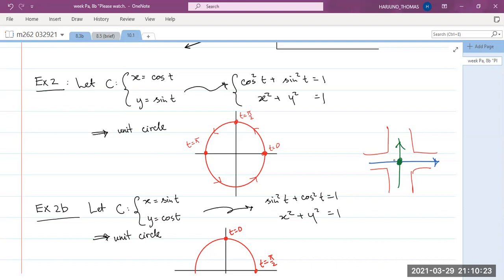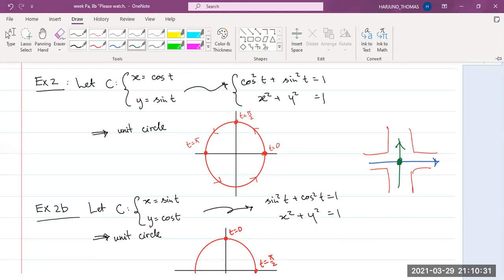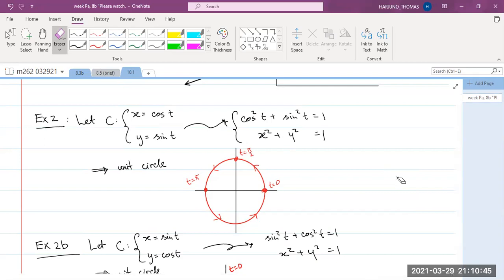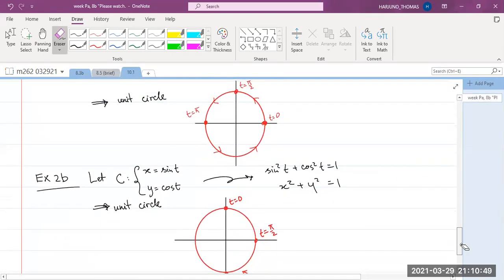Now avoid that from happening. From example 2 and example 2b, we learn that we may get the same XY curve, in this case both unit circles, even though the parametric equations are very different. You see?